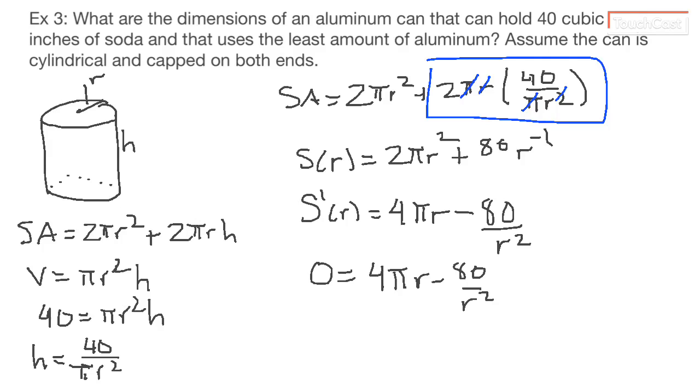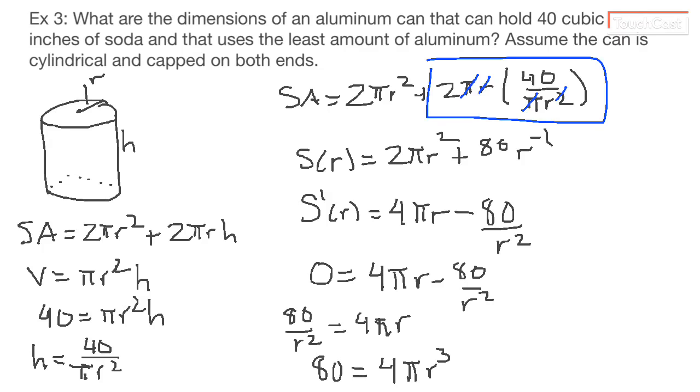Now what I would do is I would add 80 over r squared to both sides. So we can get that equals 4 pi r. Now I don't want r in the denominator, so I'm going to multiply both sides by r squared. We're going to get 80 equals 4 pi r cubed. We're getting there. Now we're going to solve for r.